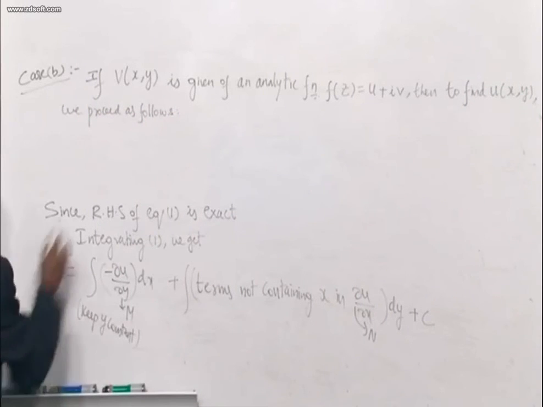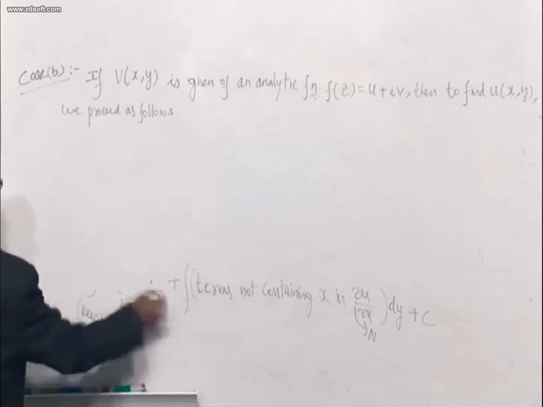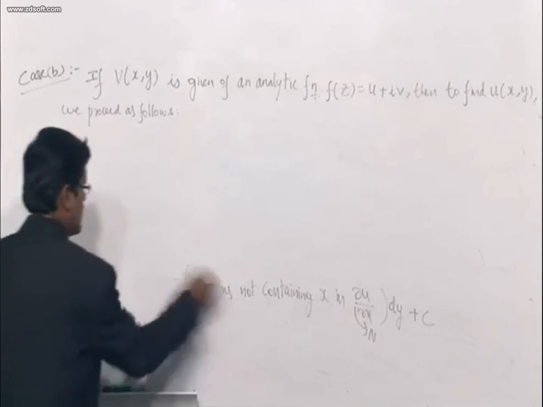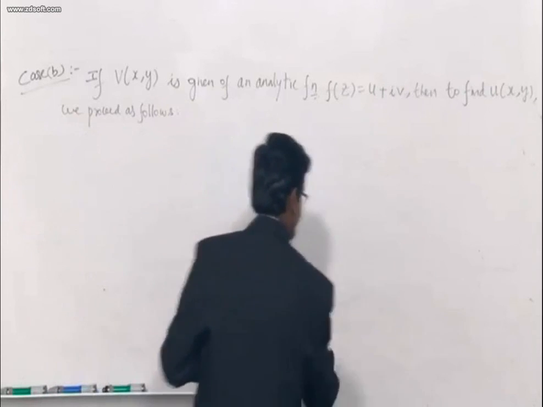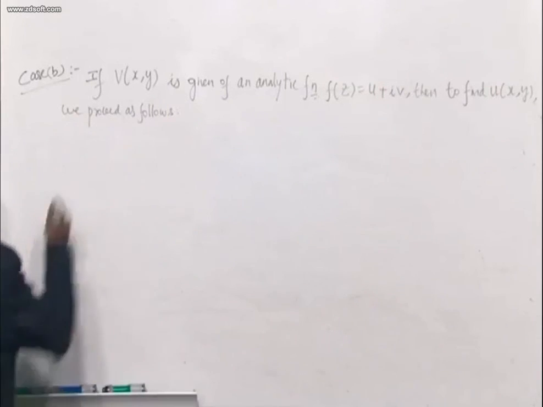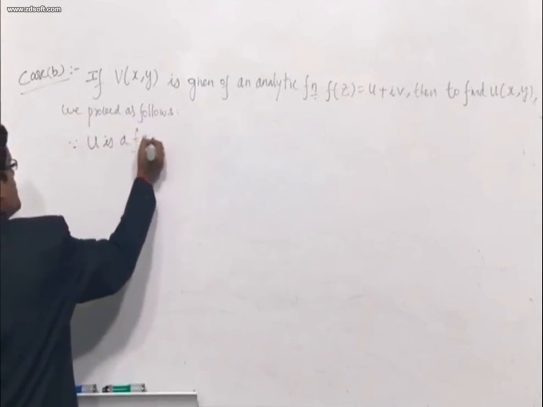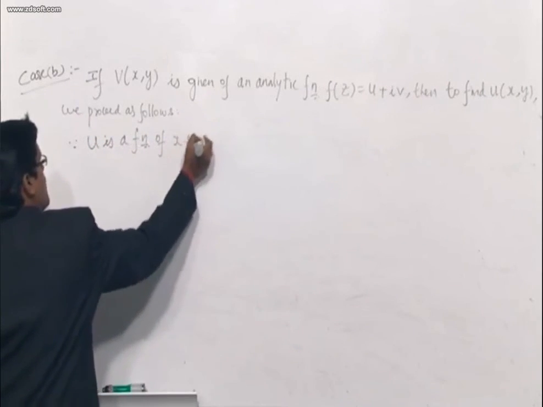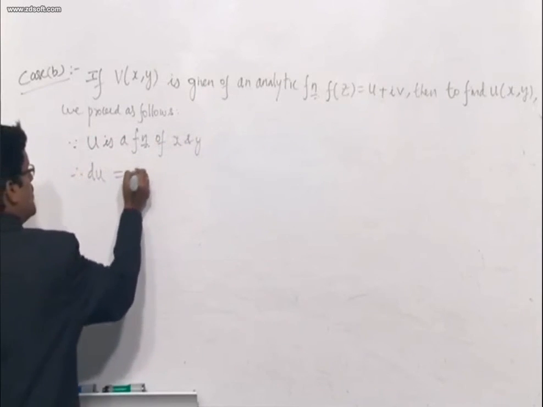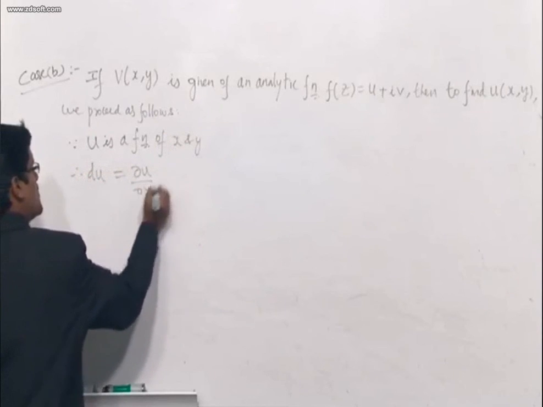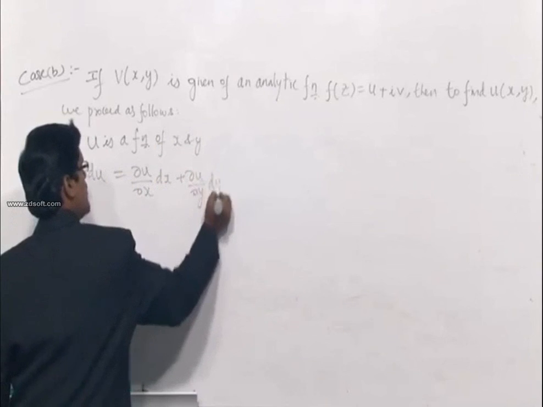just like above. Here we are going to find u, so you start with the du formula, which I have given already in case A for dv, because both are functions of x and y. Since u is a function of x and y, therefore by the total derivative topic in partial differentiation, du is equal to dou u by dou x dx plus dou u by dou y into dy.